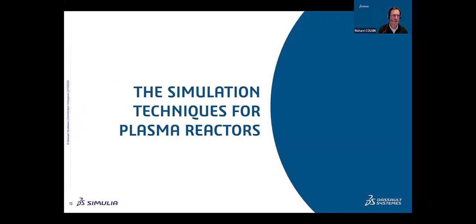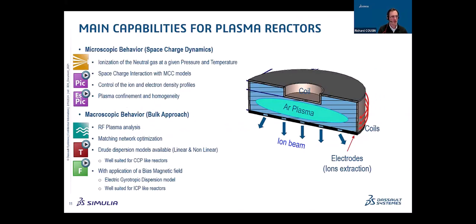So let's have a look now at the simulation techniques for plasma reactors. You've seen in the slides that we have a microscopic behavior and a macroscopic behavior. The plasma can be treated by considering the species that we have in the plasma, electrons and ions, and taking into account their interactions.